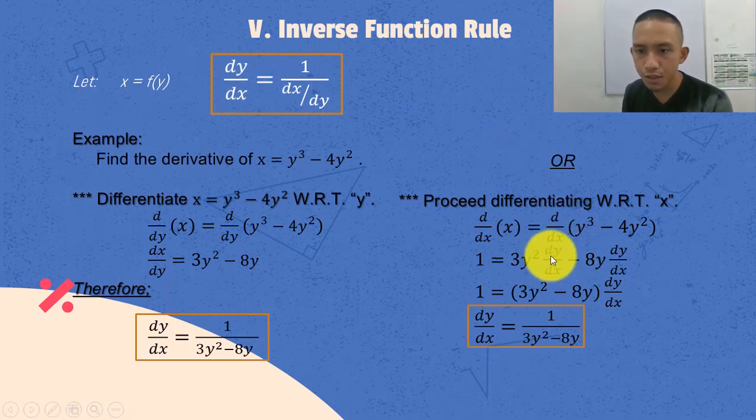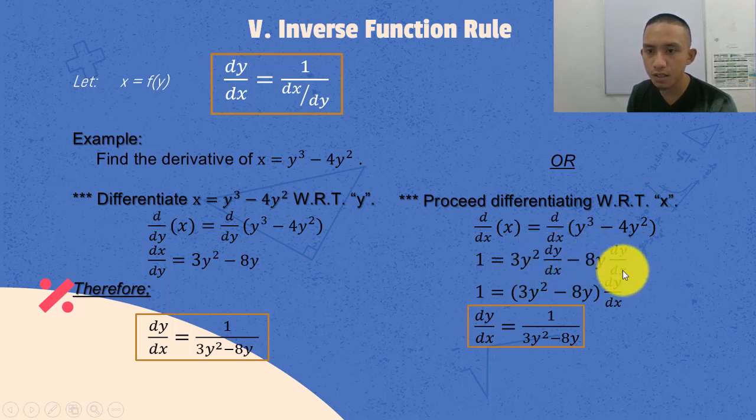So I will factor dy/dx outside, since the first term and second term both have dy/dx, so what will be left inside is just your 3y squared minus 8y. What I need again is dy/dx, so I do not need this. Divide both sides, or you can do cross multiplication. Why? This is a single term because of that multiplication, even if there is a minus there. This is considered single because everything is multiplied.